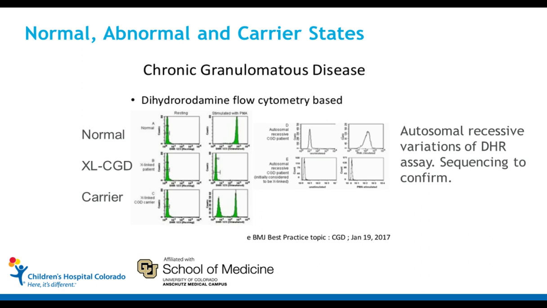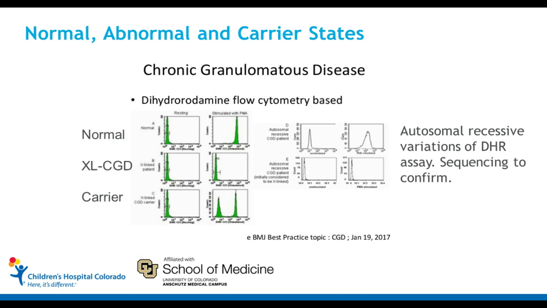Instead of seeing a nice sharp peak upon stimulation, these patients may show a rather broader, flatter peak, indicating perhaps compromised oxidative burst. It's also interesting to note that one of the patients in this publication showed no oxidative burst whatsoever, but was later confirmed to be autosomal recessive.